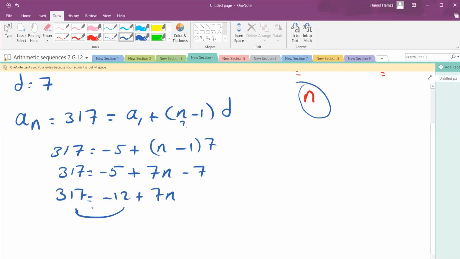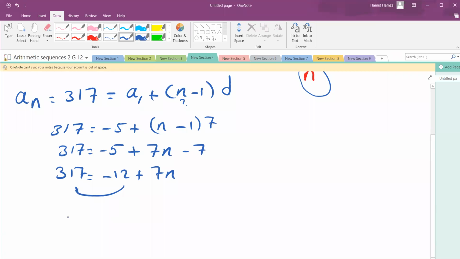Take 12 to the other side, so it will be 7n equals 317 plus 12, so 329. That means n equals 329 over 7. So please give me the answer, guys. 329 over 7.